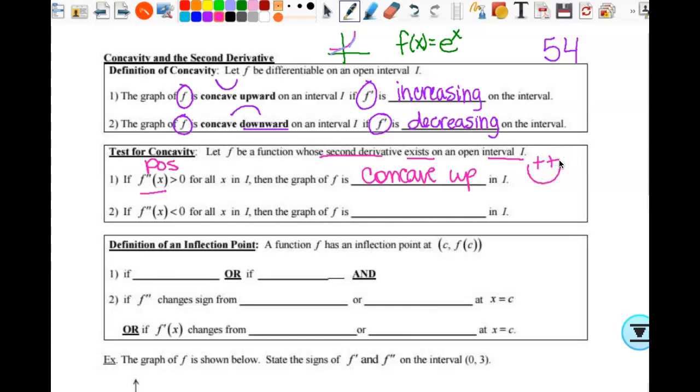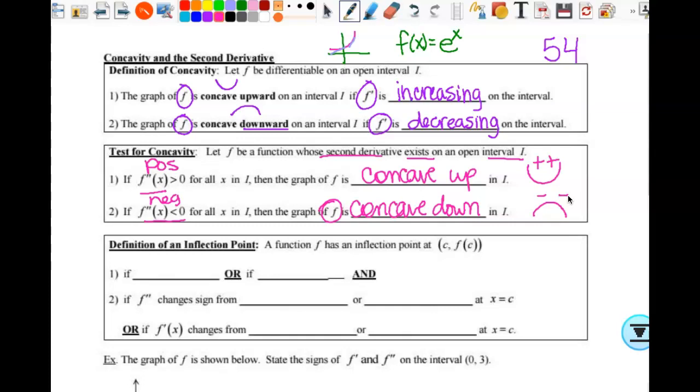See how it makes a smiley face? Oh, look at that. f double prime is less than 0. What's another way to say that? Negative. Okay. If f double prime is negative, then f is concave down.